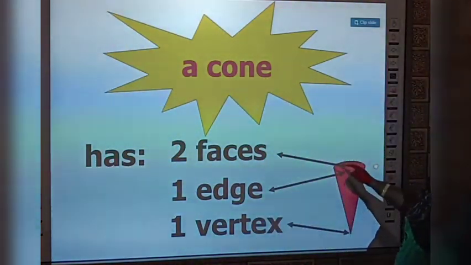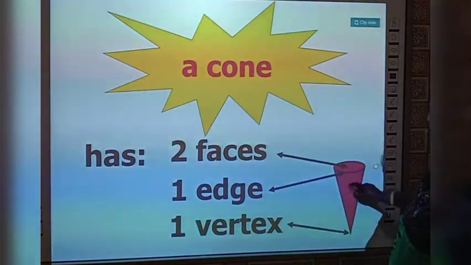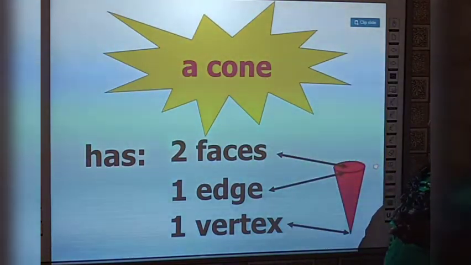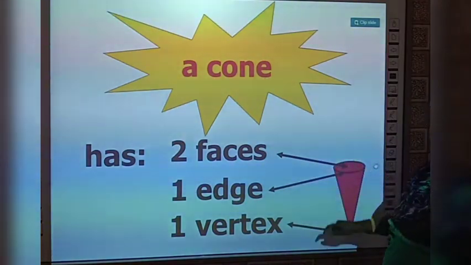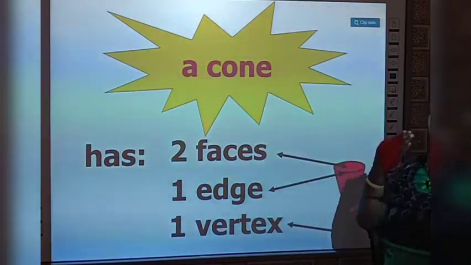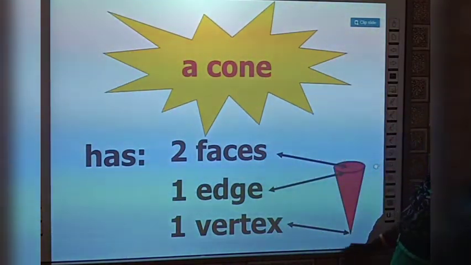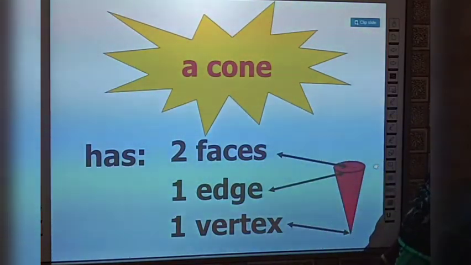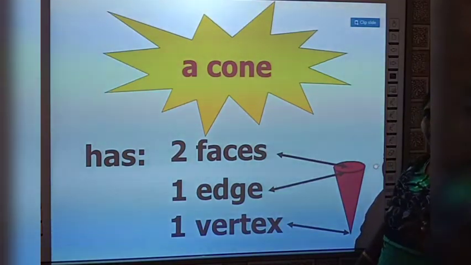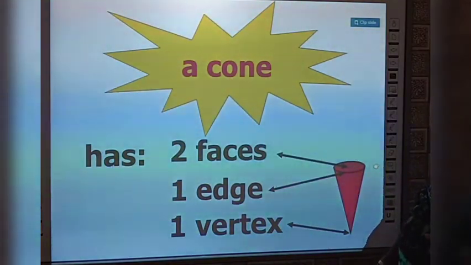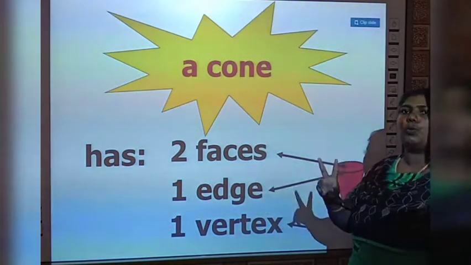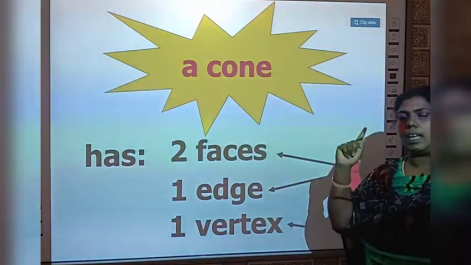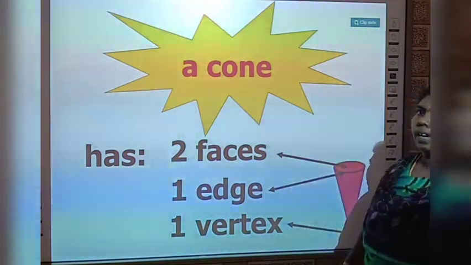Faces means 1 flat face and 1 curved face. Only 1 edge and only 1 vertex.